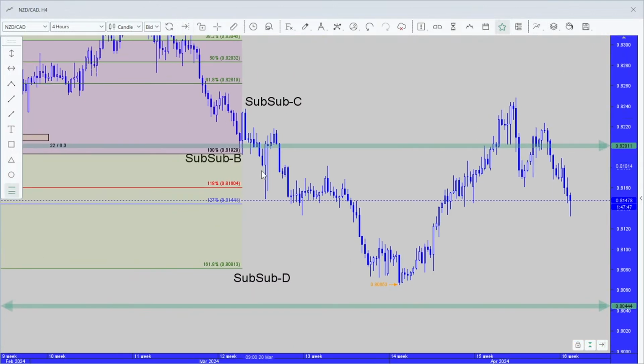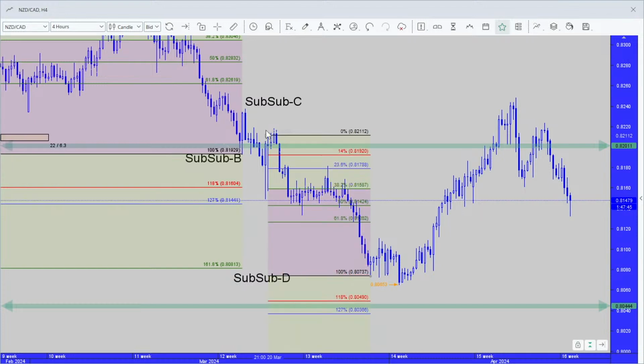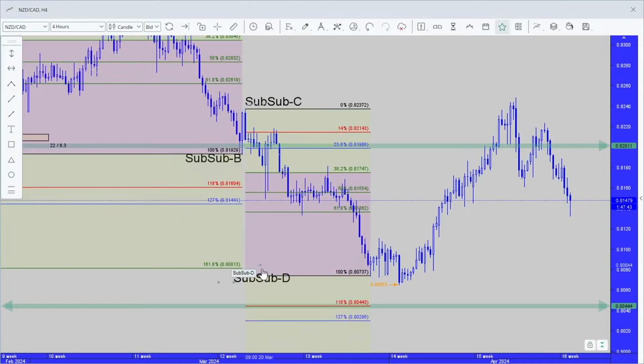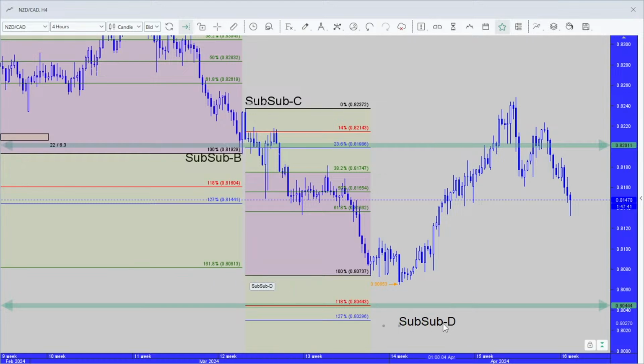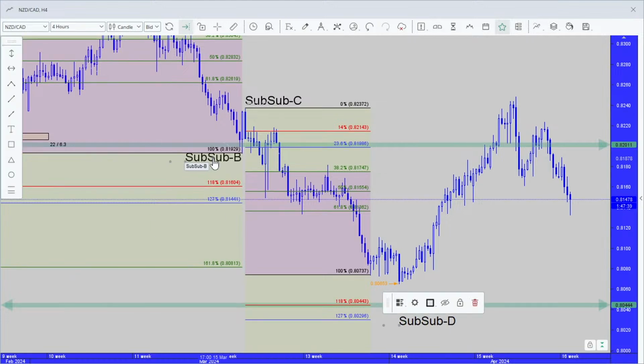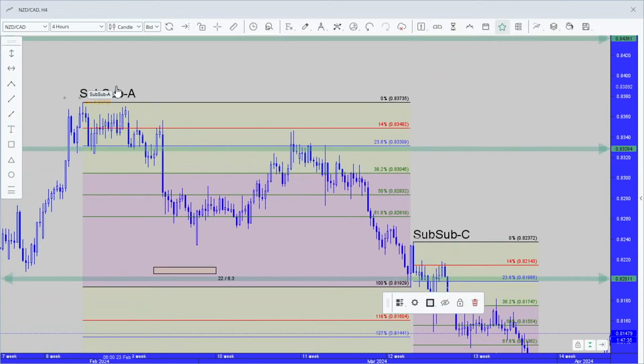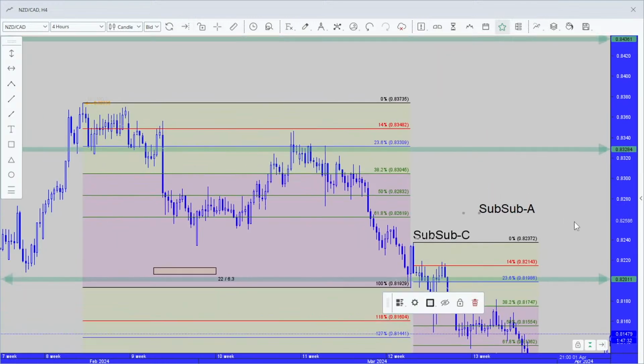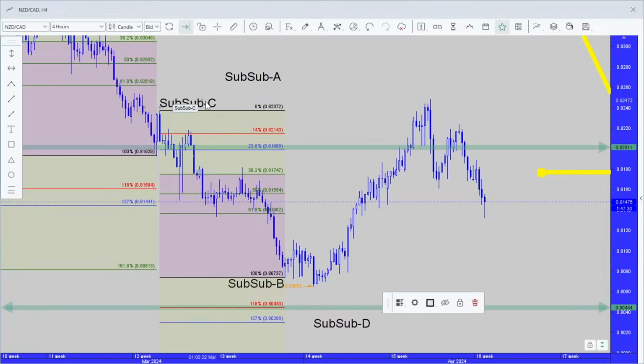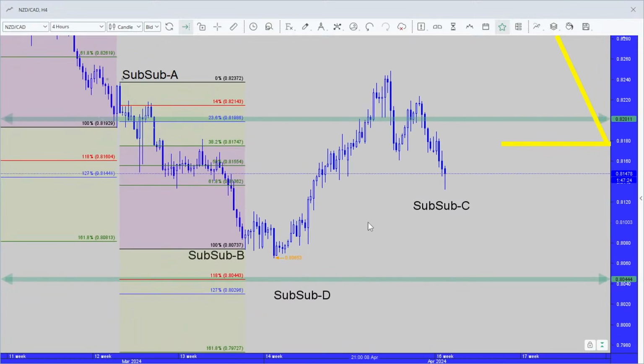Let's readjust it, like this, and sub D is down here, sub B is here, and sub A goes to sub C. There you go. And it broke, right? It broke.